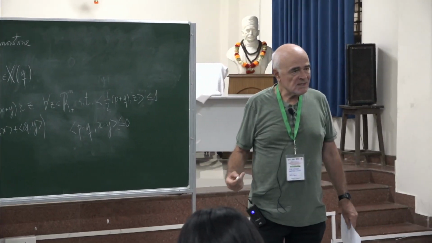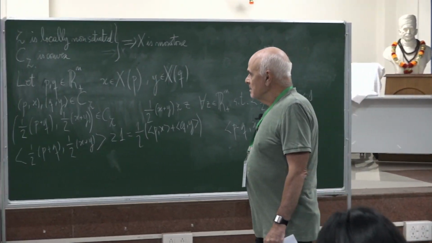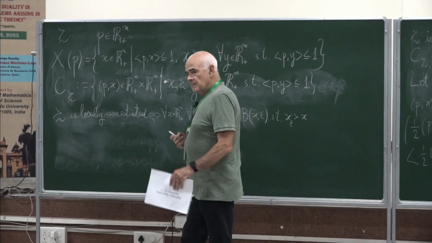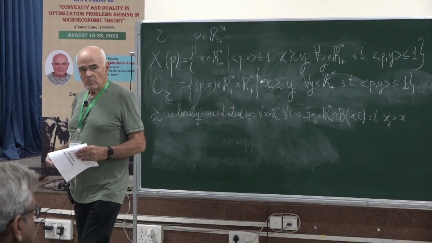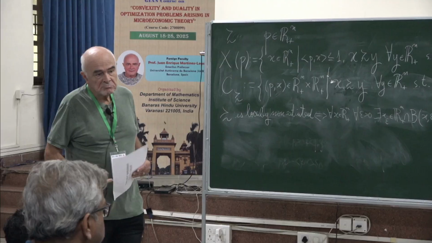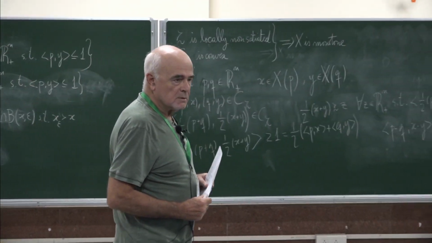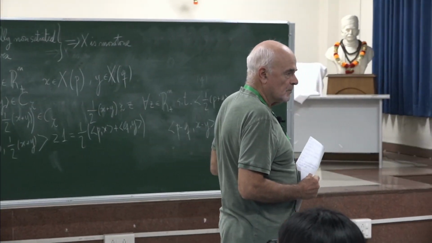So what does convexity of this set mean from an economics point of view? I don't know, I have no clear interpretation of that. Okay?